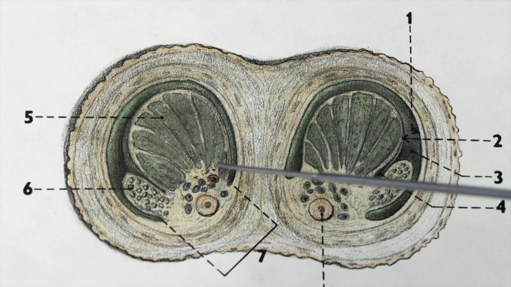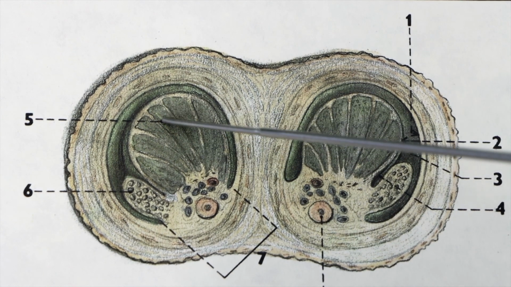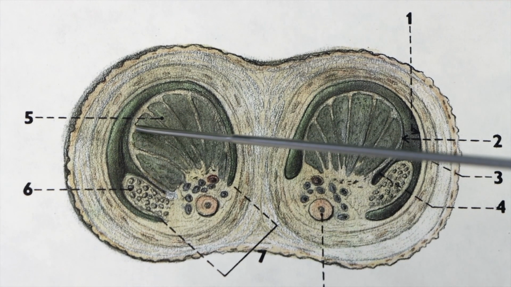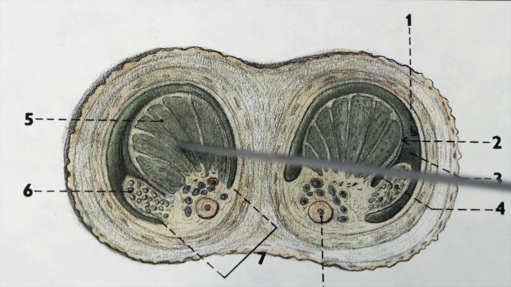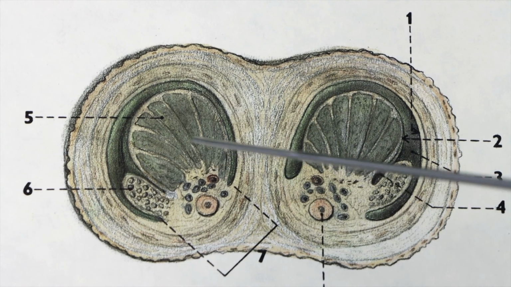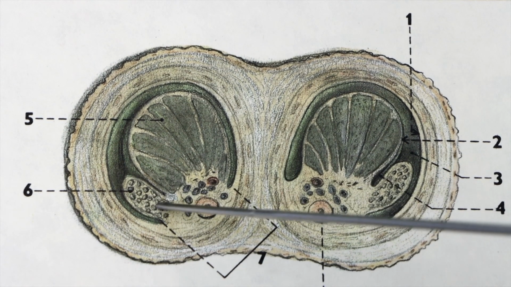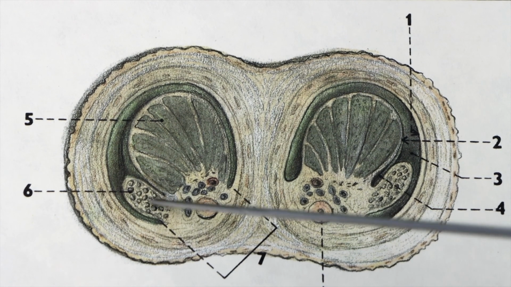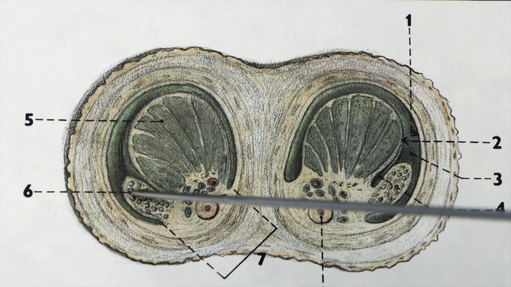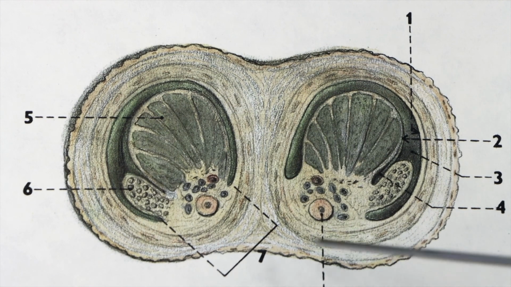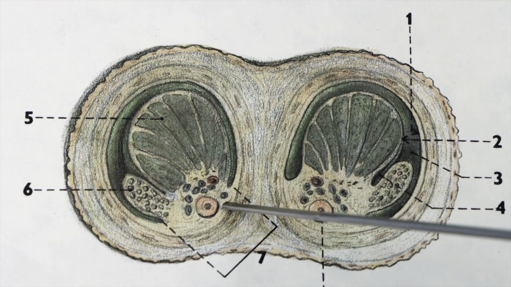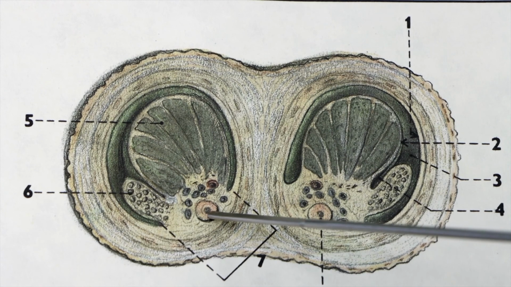Here you can see the cross section. Again, you can see the lobules of the testis, and between them there are the septula of the testis. And in the posteromedial side you can see the epididymis. This is the cross section of the epididymis, and here is the place of the ductus deferens that we are going to discuss.